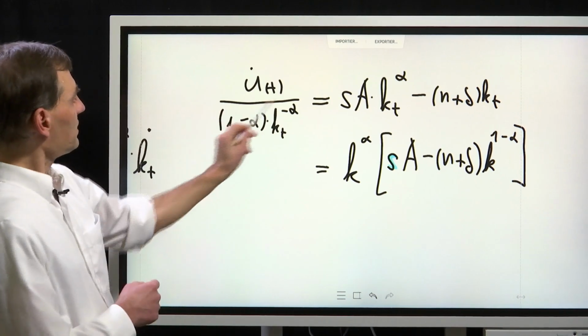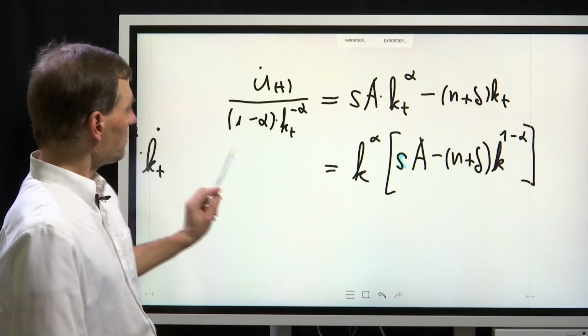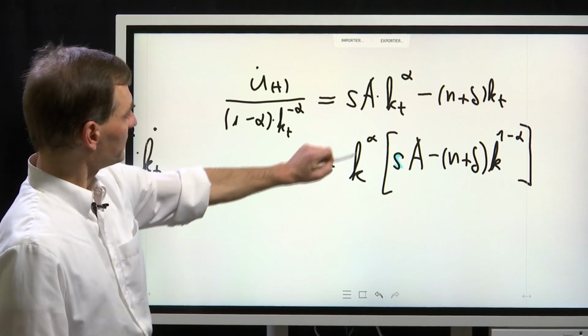What I have in the denominator on the left hand side can now be multiplied through this equation, and then you will see this k to the power of 1 minus alpha cancels with this k.